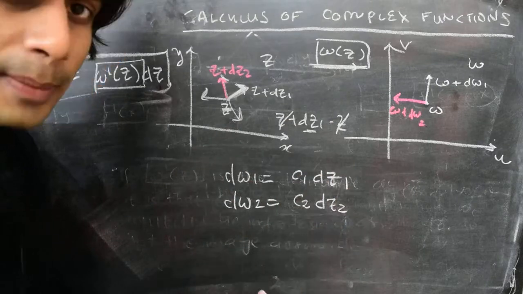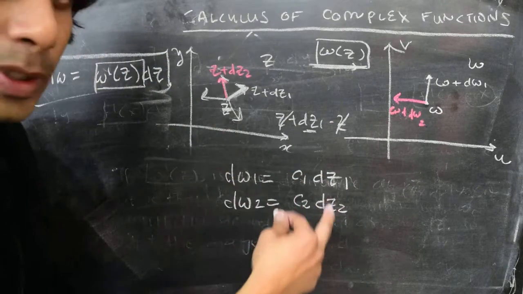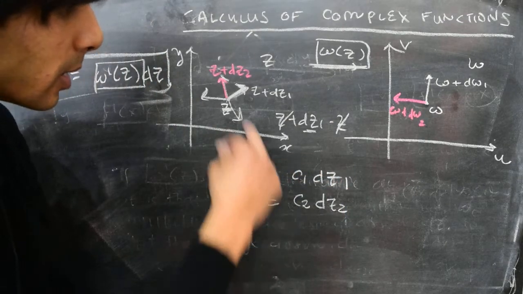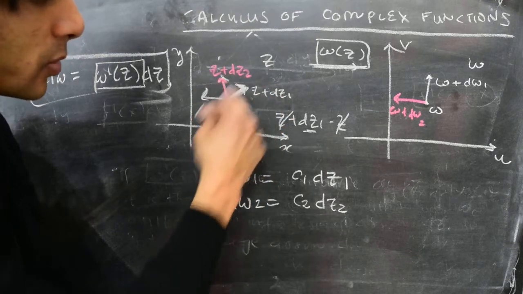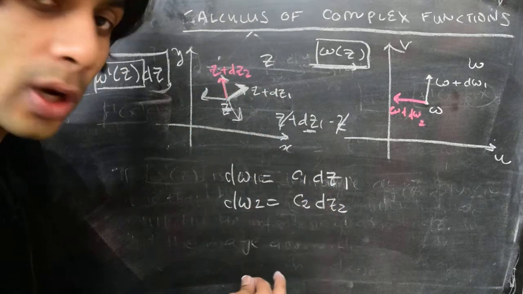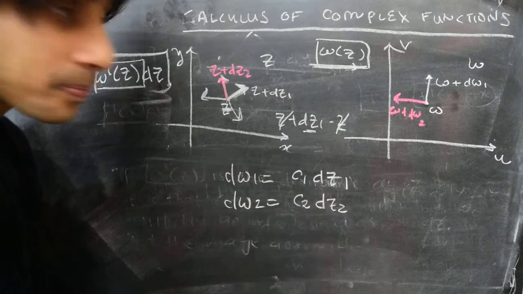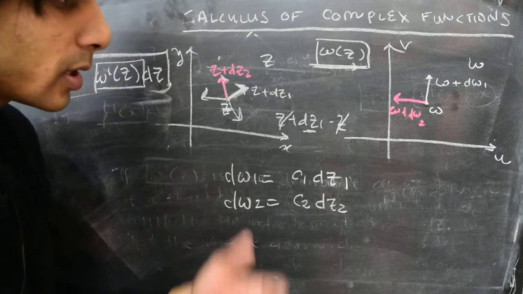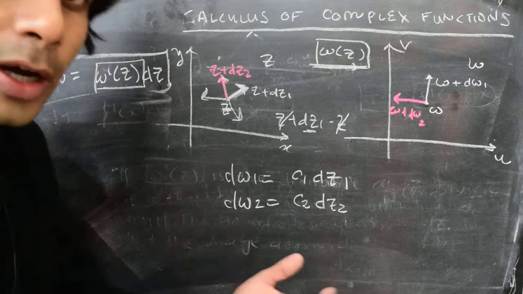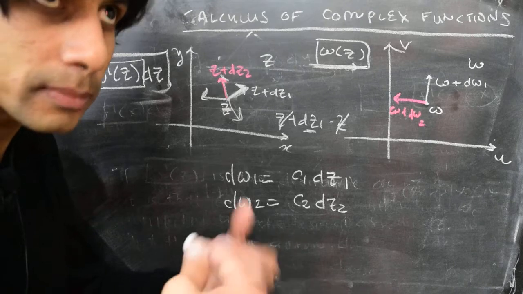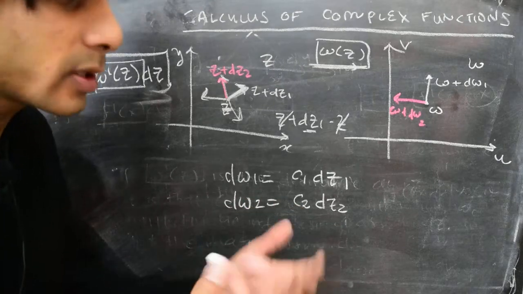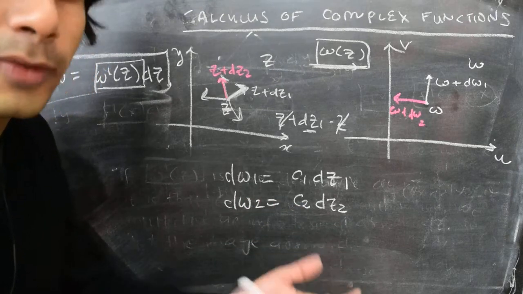For an arbitrary mapping, it might happen that we have to multiply the arrows that emanate from z in different directions by different complex numbers in order to get the image arrow, because there is no constraint on the kind of function we are talking about. When we talk about general functions, there is no constraint on the kind of function that we can build up.